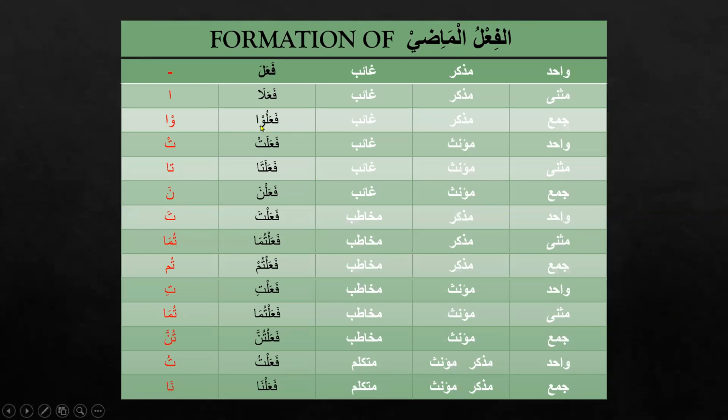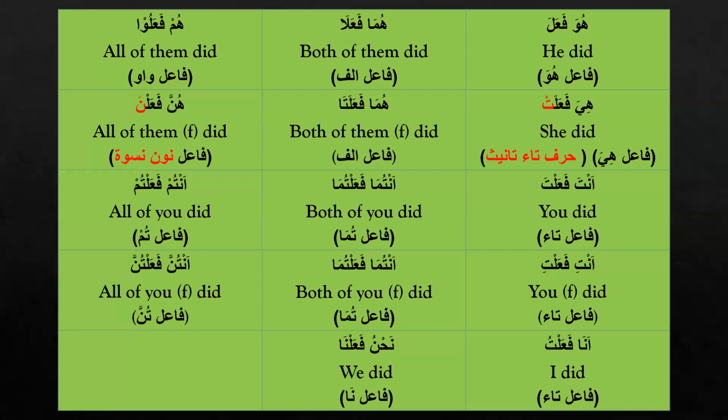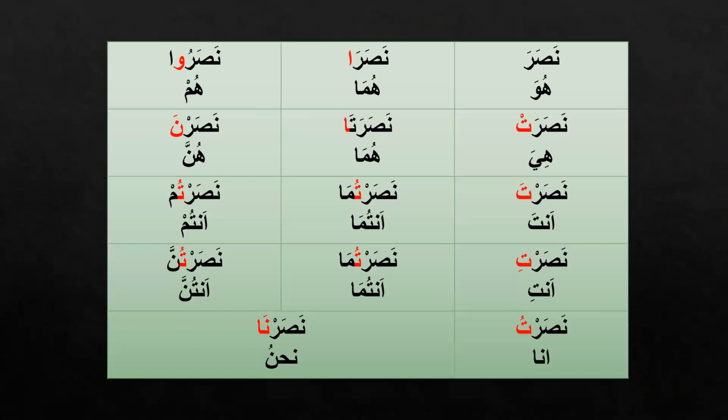See for nasaru, here we are writing the alif, and this alif is giving away that this is the jama', they. This waw is our fa'il, and this is an extra alif that is always used with waw jama'. And inshallah, I'll tell you about this as well.